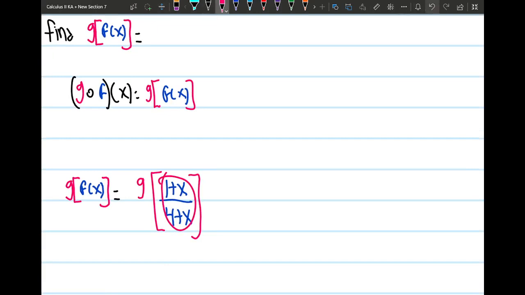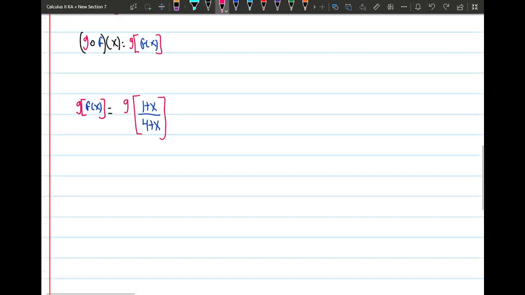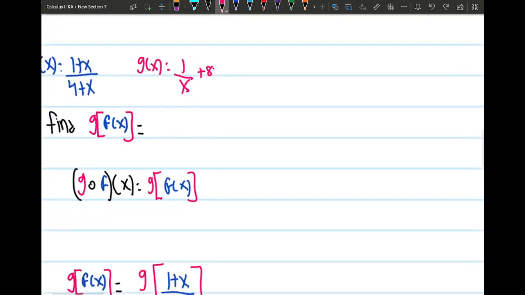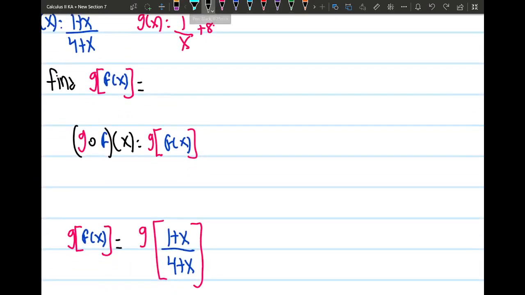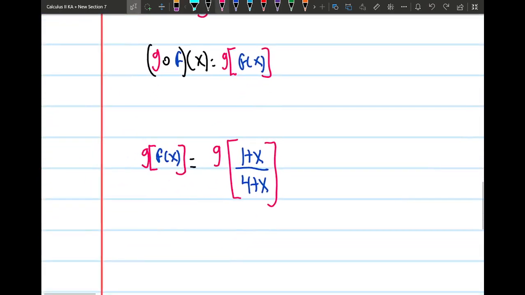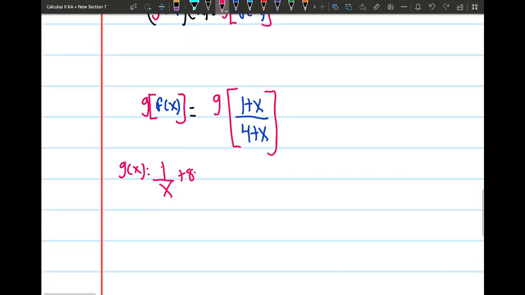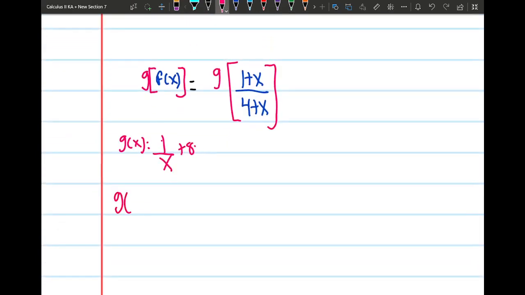So how it's going to go is like this. We know that g of x was 1 over x plus 8, and now g of f of x is going to be 1 over f of x plus 8.